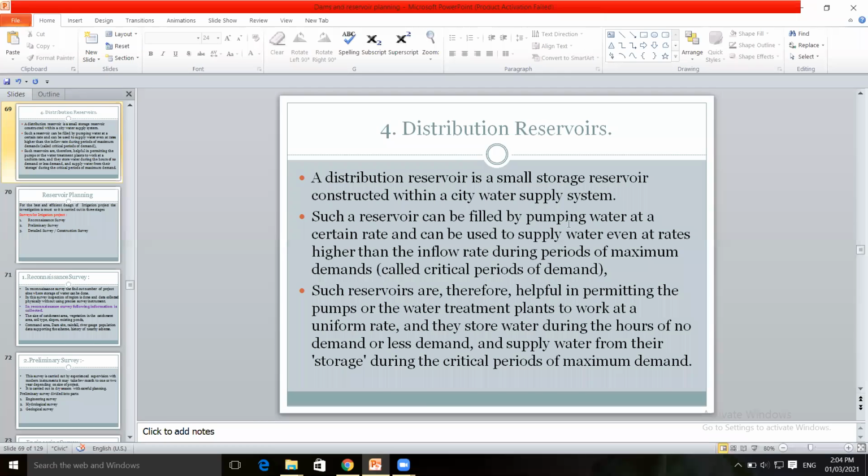Such a reservoir can be filled by pumping water at a certain rate and can be used to supply water even at rates higher than the inflow rate during periods of maximum demand or critical periods of demand. During peak flows, during period of maximum demand of water supply, the water is distributed to other reservoirs from storage reservoir. The water is distributed, therefore it is called distribution reservoir.